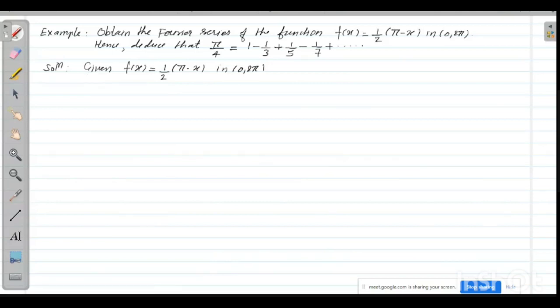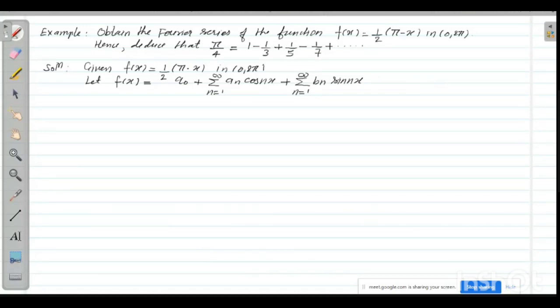So let f of x equal to a naught plus sum running from n equal to 1 to infinity an cos nx plus sum running from n equal to 1 to infinity bn sin nx. Let our required Fourier series be this.